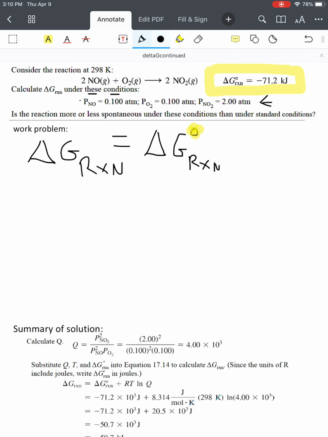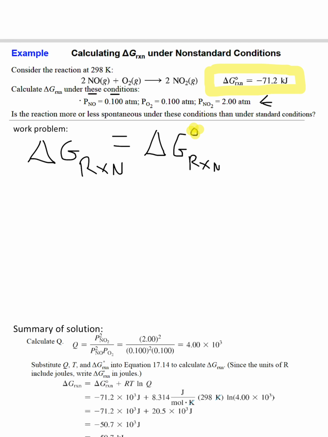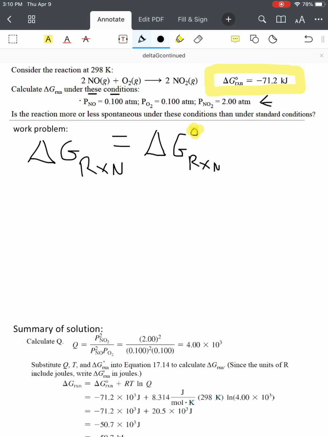It is missing on the left side. That's because the right side is the standard condition, but the left side is not the standard condition. So understand, before we go any further, what we mean by that. That's extremely important. Do not get confused by that.